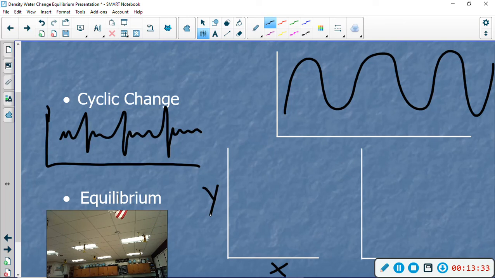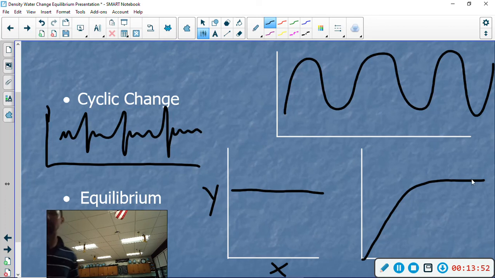Because you're changing x in the experiment. Y will stay the same. Okay, and that's what that graph says. As x increases, y stays the same. Also, you can have a change that's happening, and then it will level off. When it finally levels off, that's when equilibrium has been reached. All right, so that's where it reached its equilibrium point.